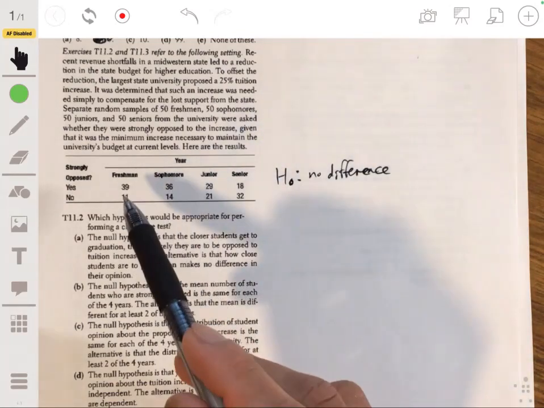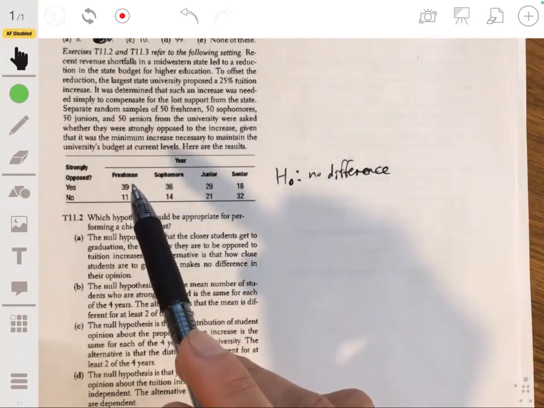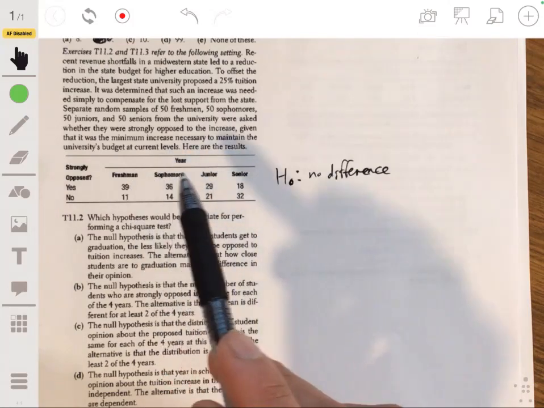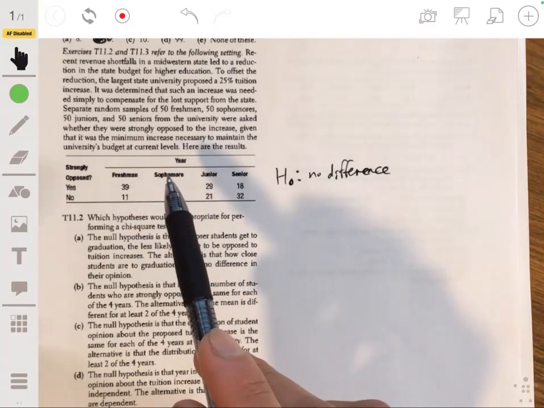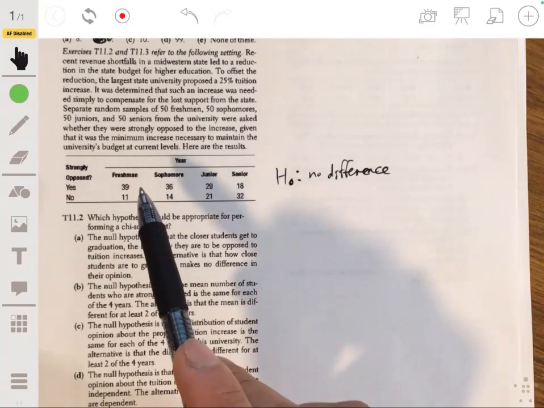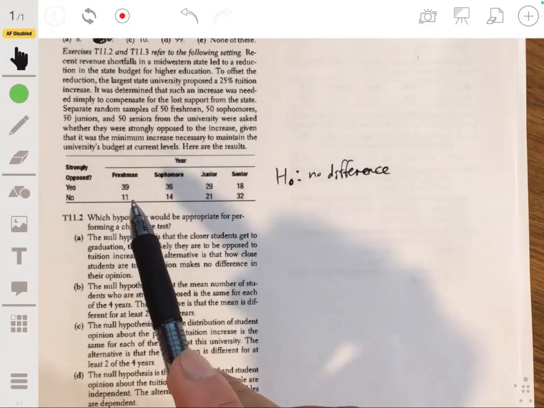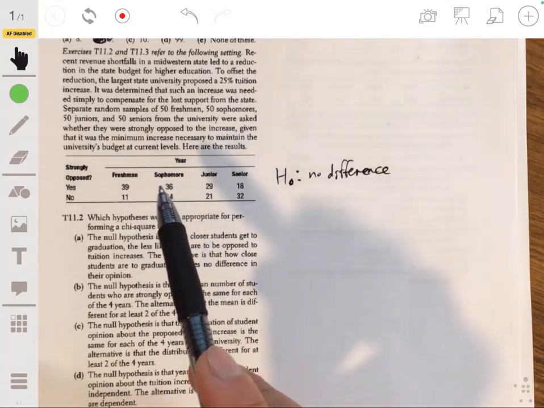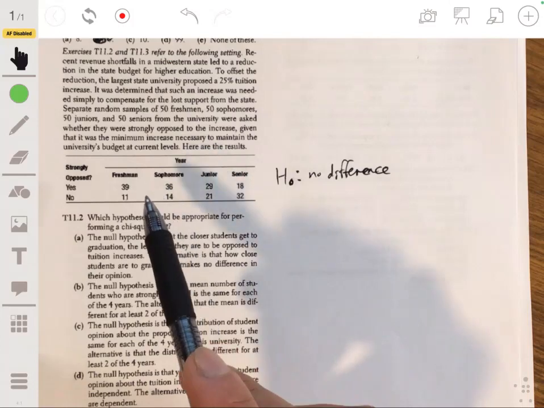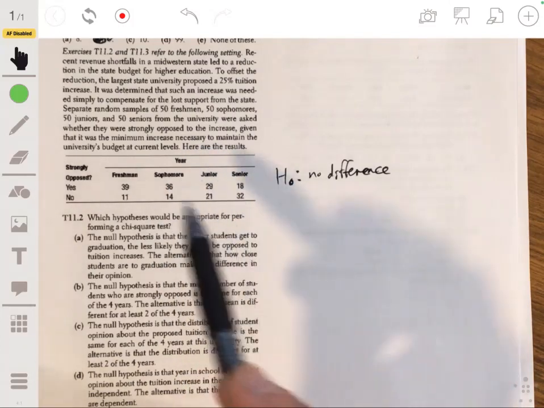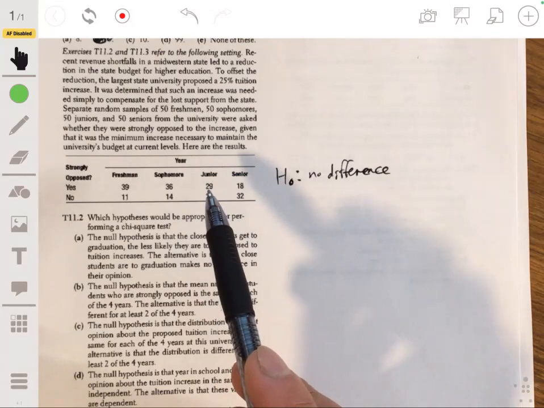Meaning that each group would answer the same proportion. It doesn't mean that they all have to be 50% yes and 50% no. It just means they could all be 40% yes and 10% no, if that was the proportion. So there's no difference in how each group answered yes versus no.